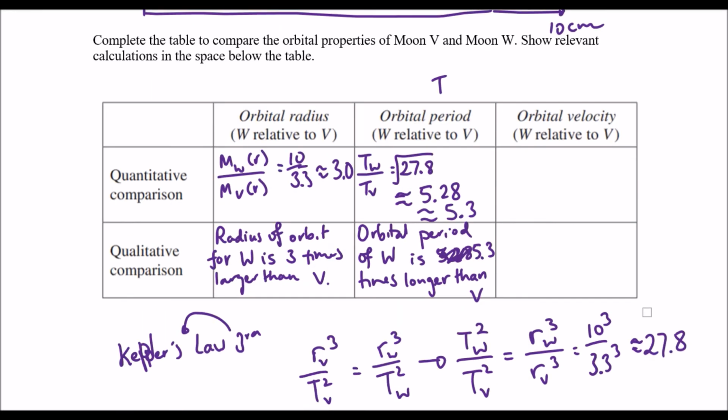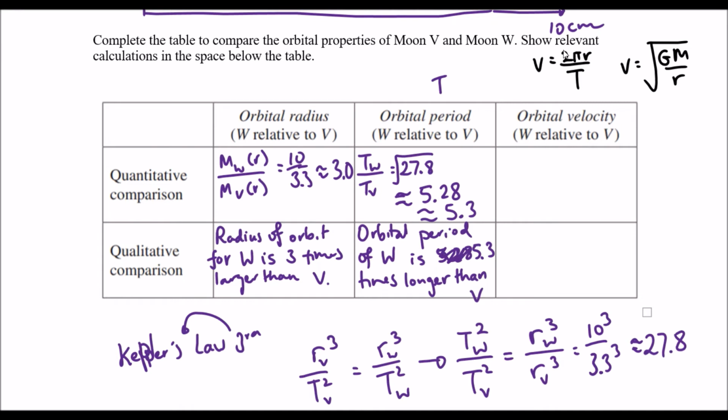Okay, so the next one we move on to is orbital velocity. So we're again trying to compare the velocity between W and V. Now there are 2 formulas you can look into. There is v equals 2 pi r over t, or v equals the square root of GM over r. Okay, so that's what we have here.